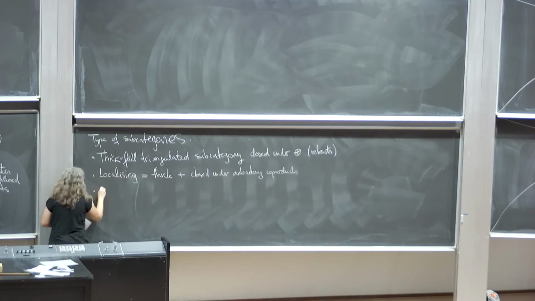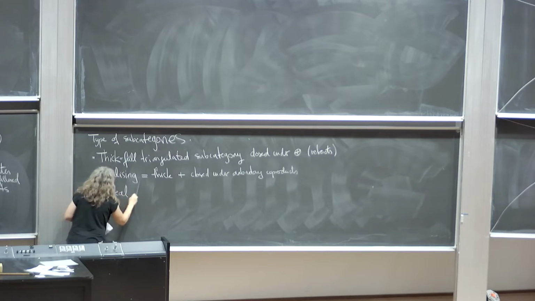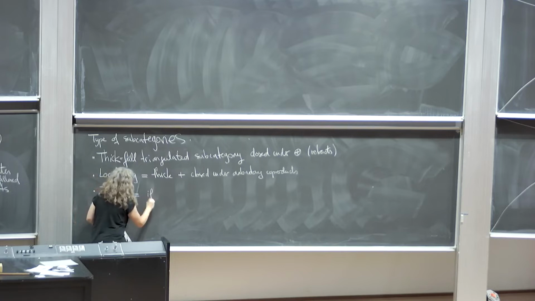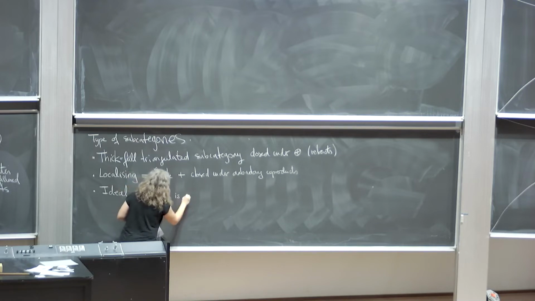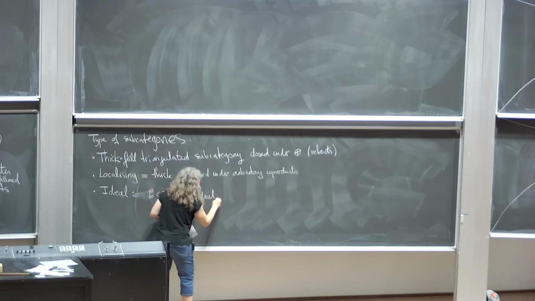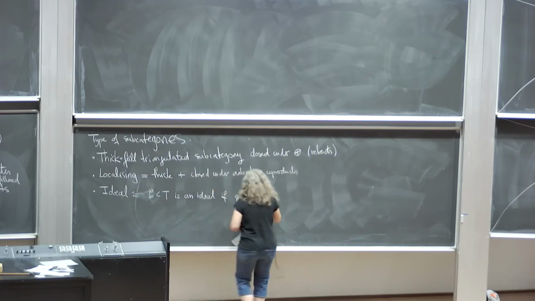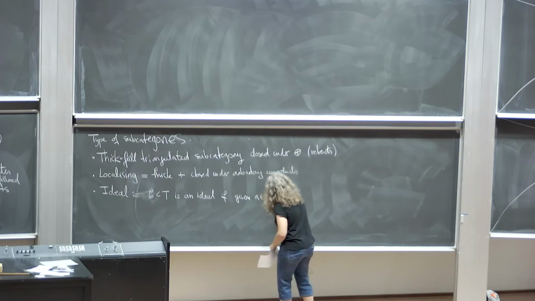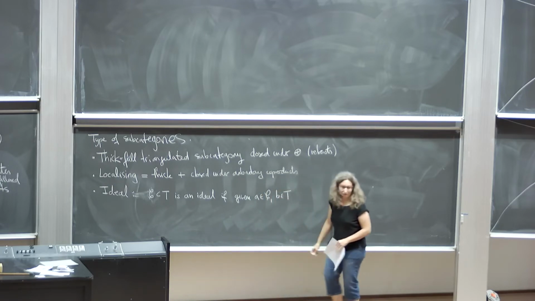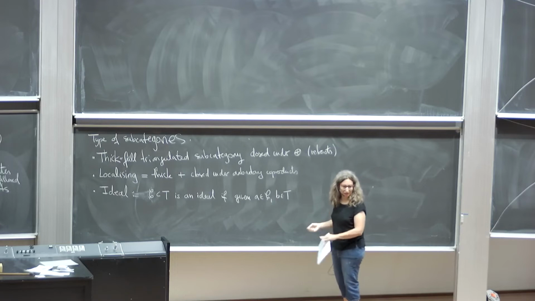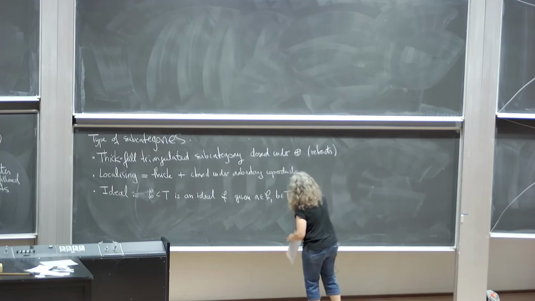And let me say what's an ideal. An ideal is a subcategory which satisfies the following: C inside T is an ideal if, given A in the subcategory and B any object, you use the monoidal structure, you just tensor these two elements.